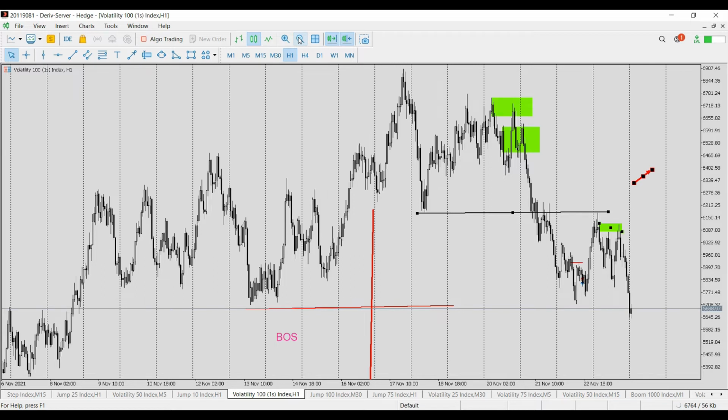These are things you need to consider before you can have a very good sniper entry. And as I once said, these are my views on trading.